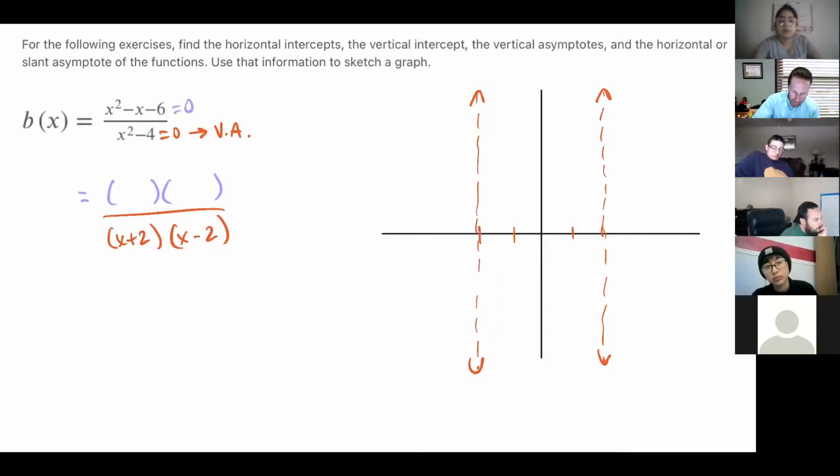What would the top be? Three and 2. And what would be what? Positive or negative? Negative 3, +2. Positive 2 and -3 to give us that -1 in the middle.